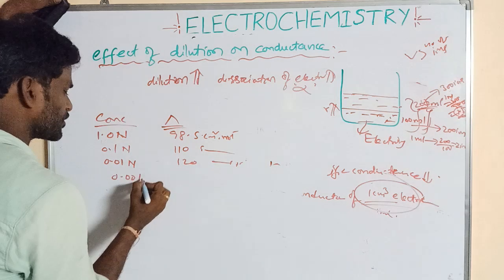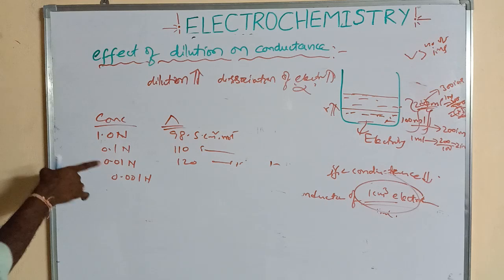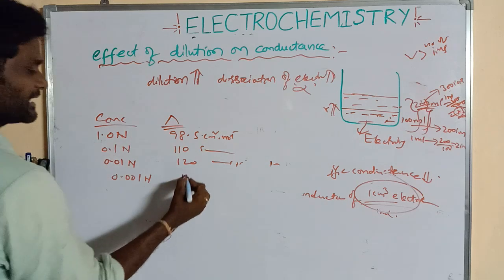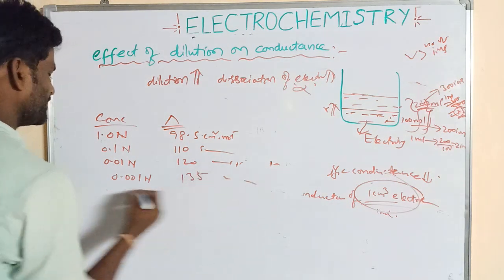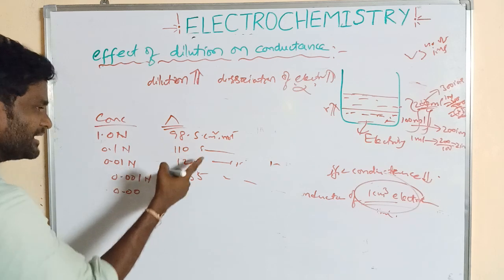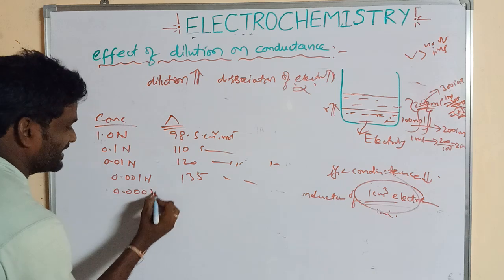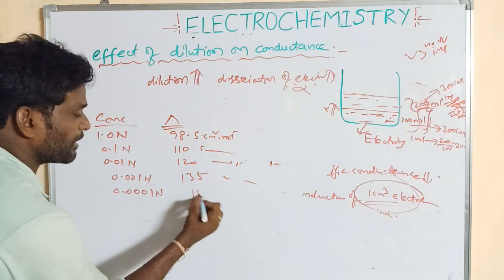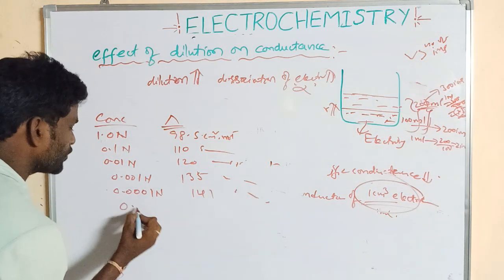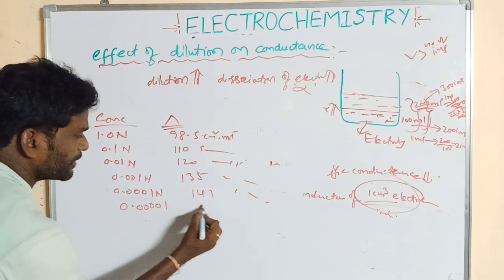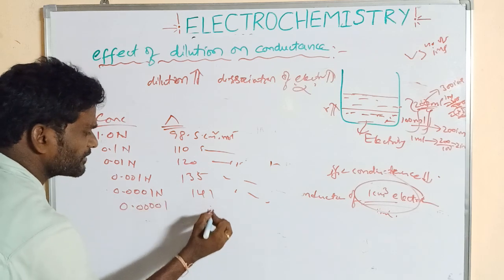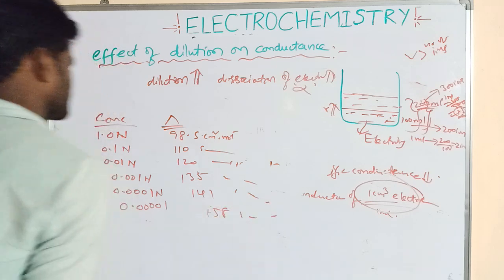Then 0.001 normal, when it is diluted its concentration decreases, like 135. These are rough values, not exact values, right? Then 141, then 0.0001 normal, 158. These are the values.